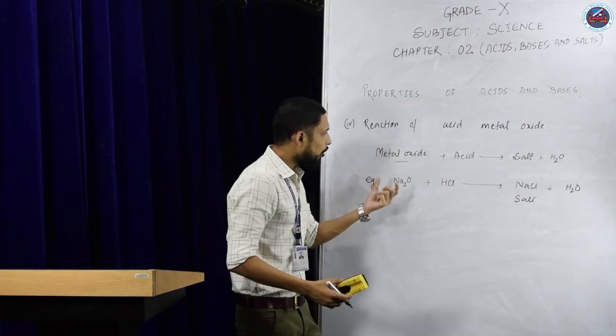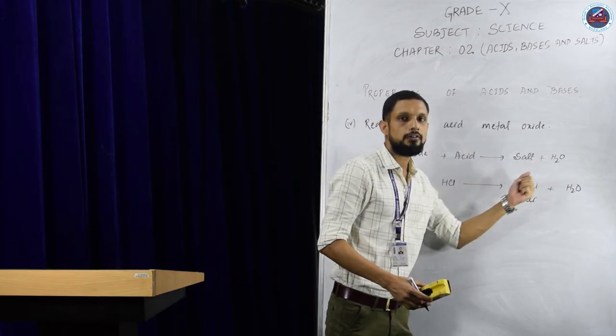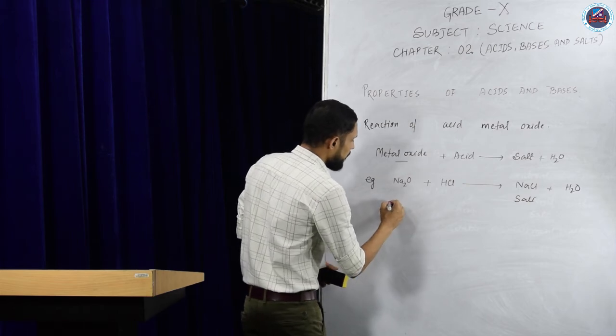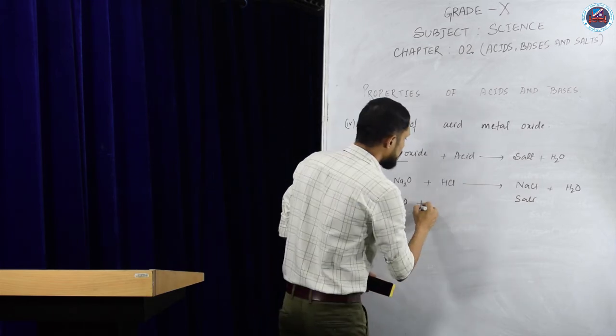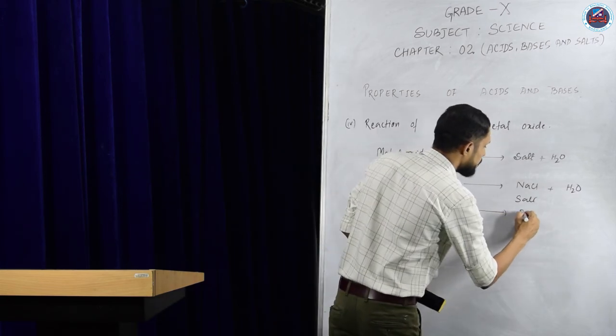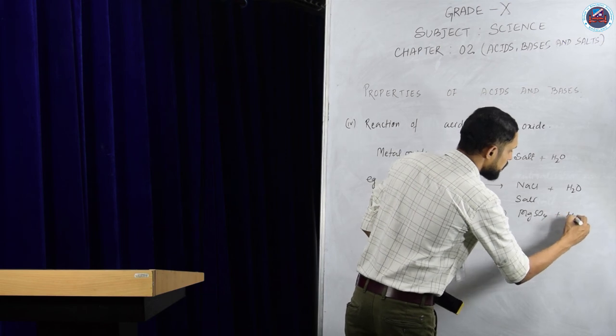So metal oxide, if it reacts with acid, it forms salt and water. You can take more examples like MgO, magnesium oxide. If it reacts with sulfuric acid, that is H2SO4, it will form the salt MgSO4, magnesium sulfate, and water.